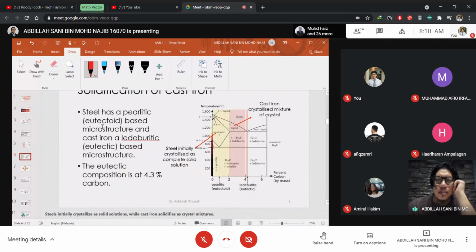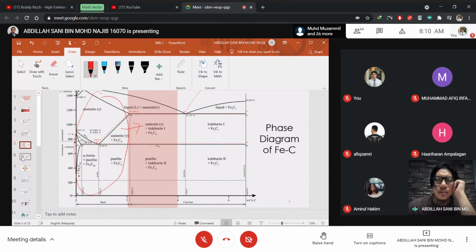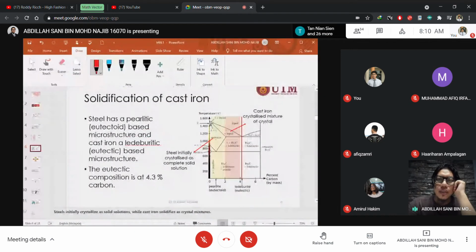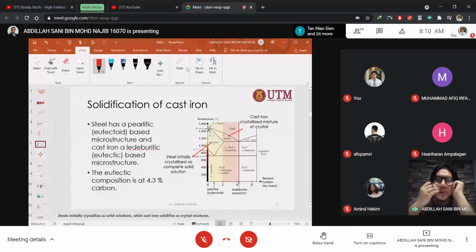If we take a closer look at this part, at first we want to understand the solidification of the cast iron, how it is different from the steel, right?